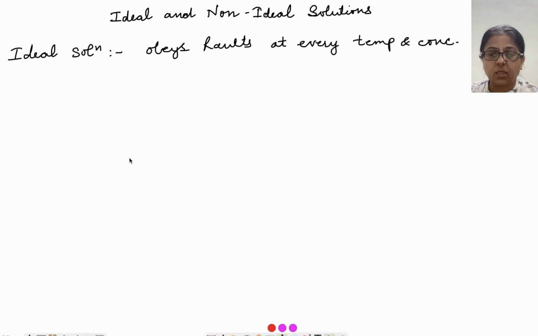Okay, so in case of an ideal solution, the change in enthalpy and change in volume after mixing remain equal to 0. What does this mean? That when you are mixing two components in a solution, the heat change is 0.